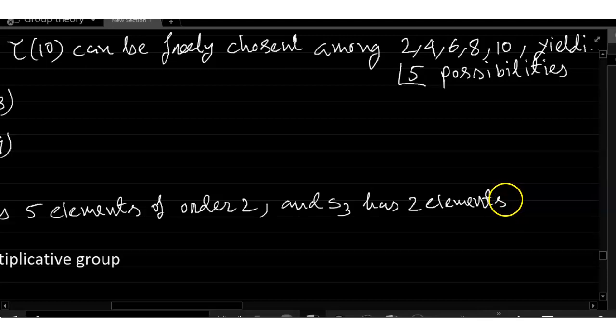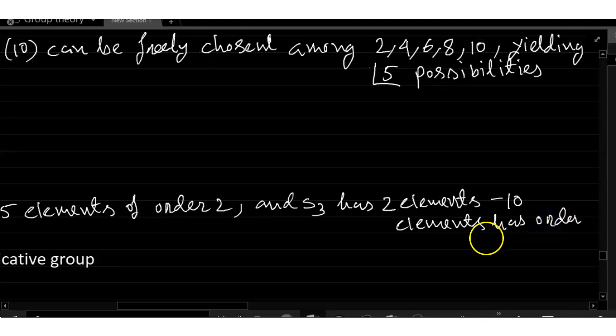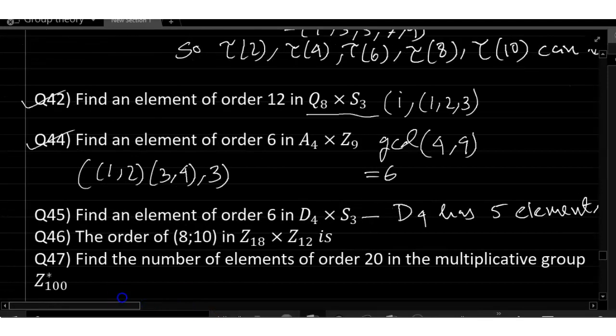So 10 elements of order 6. So my answer is 10.